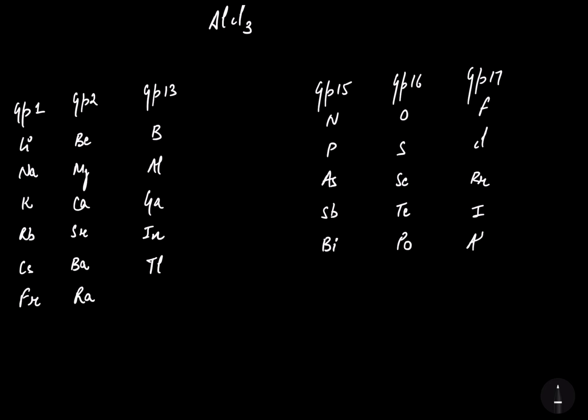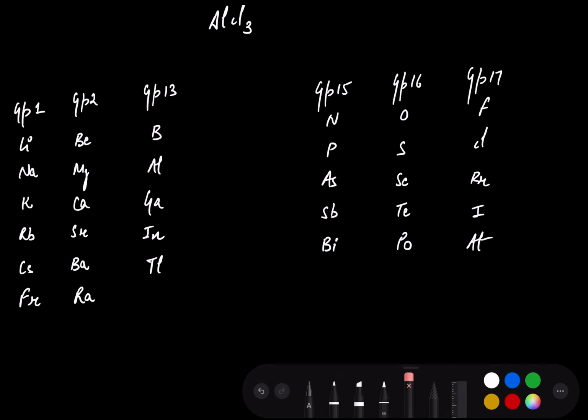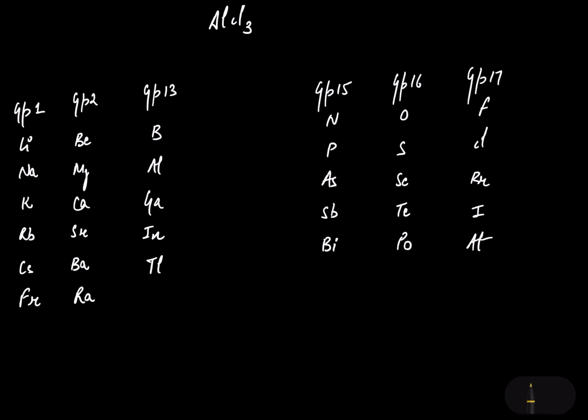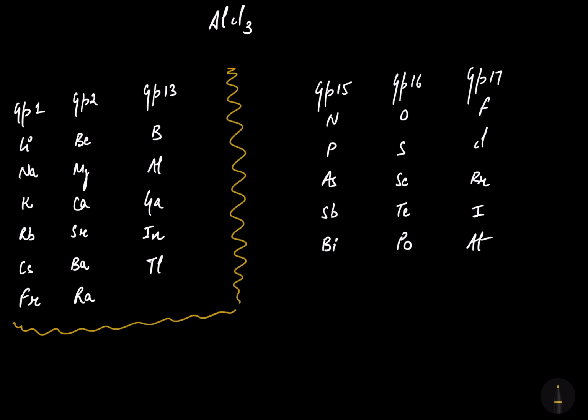So why have I written the elements of group number 1, 2, 13 and then 15, 16 and 17? Because most of the ionic compounds are formed within these groups. The first set of 3 groups usually forms cations, and the other set of three groups, that is 15, 16 and 17, forms anions.